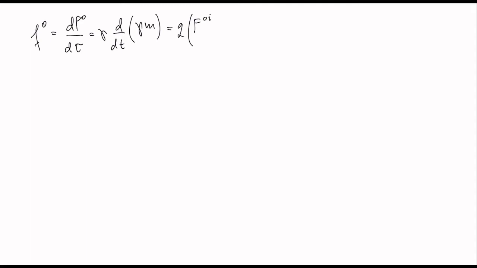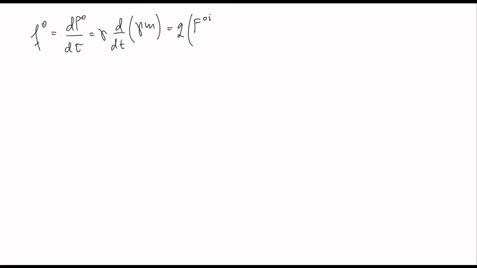The time part, the zeroth component, is dp0 over d tau, which is again the same thing, d over dt. Now I'll change what is p0. P0 is gamma m, or gamma mc if you restore the units. On the other hand, we have q, and what do we have? We have f0i, because f00 is gone, vi.